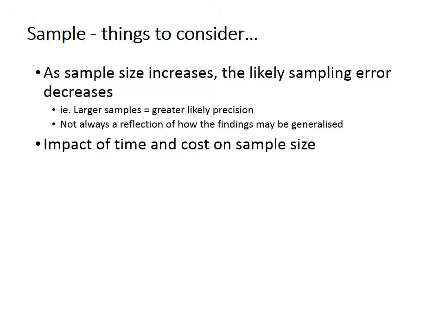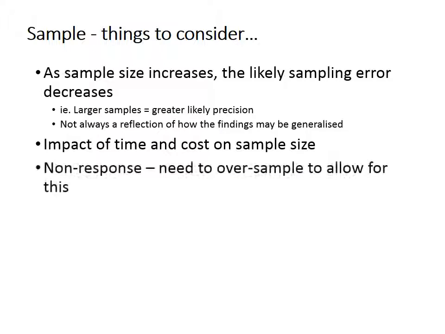Think about the impact of time and cost on sampling. You need to fit this in to your life. You're working, you have a family life, and you're doing this piece of research. So think about where the participants are located and the time and cost of doing that.